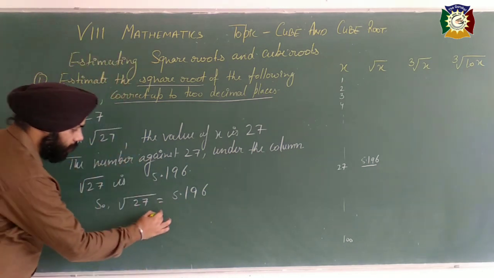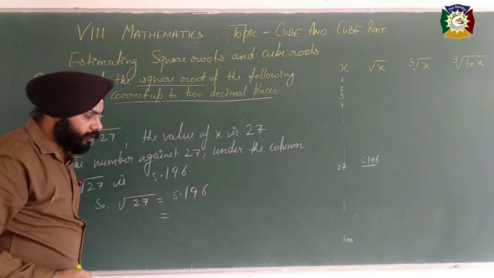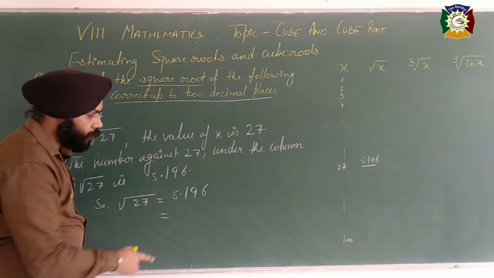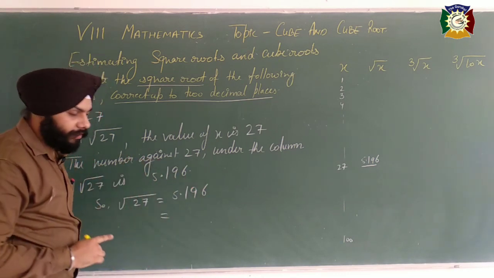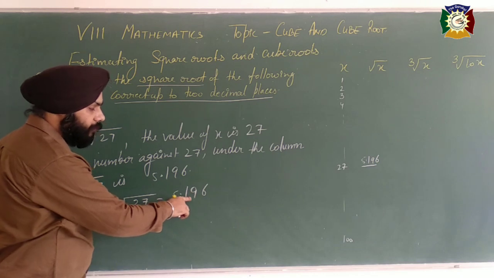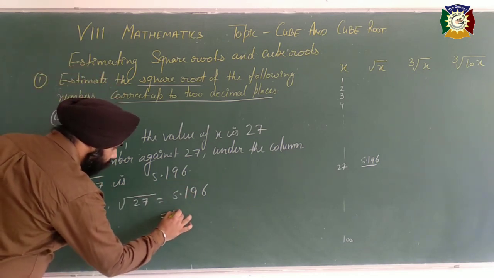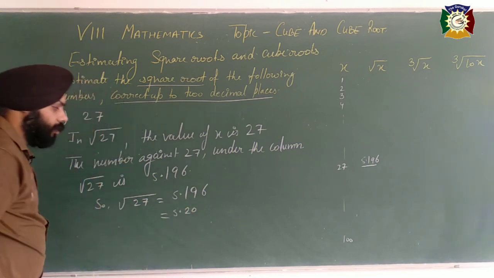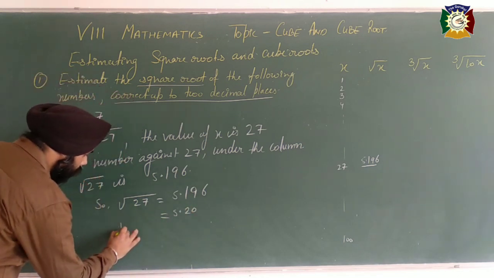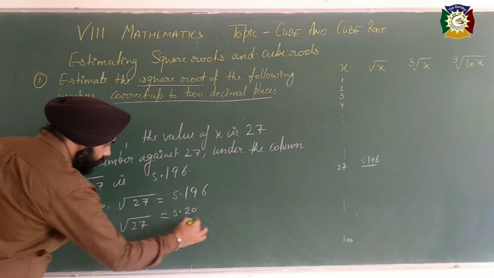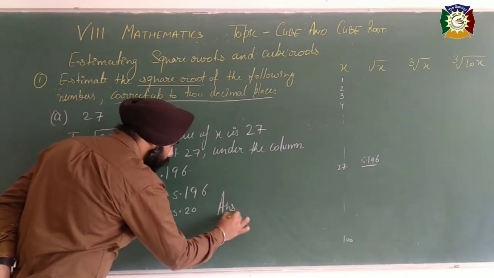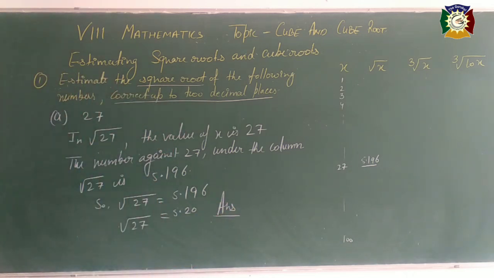The third decimal value is greater than 5, so we add 1 to the previous digit 9. When we add 1 to 9, it becomes 10, so this becomes 0. So the square root of 27 is equal to 5.20. That's our answer.